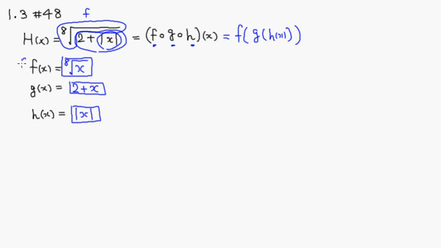So let's make sure that these are the right formulas by computing f of g of h of x, which, as we said before, is f of g of h of x.